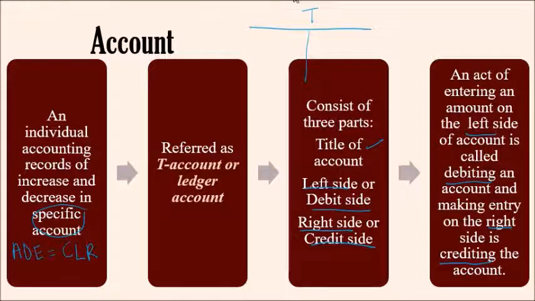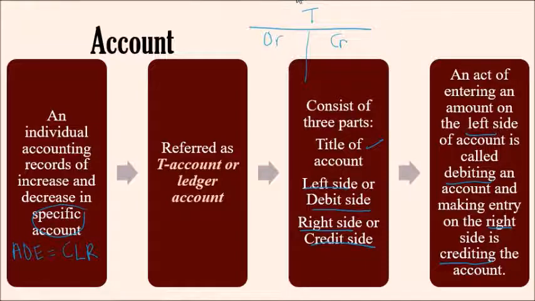After that, you will have a debit side, which is this one, and a credit side, which is like this. So after you've made the transaction, you will put the transaction in this account, a T account or a ledger account.